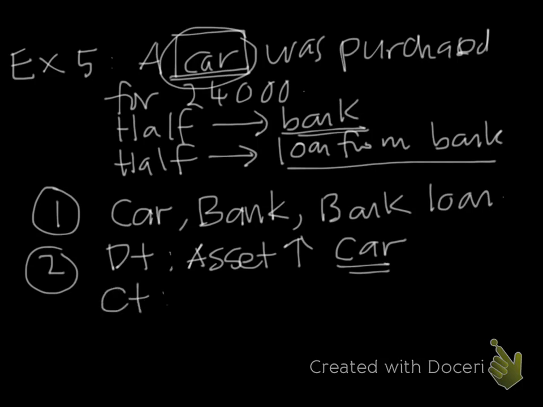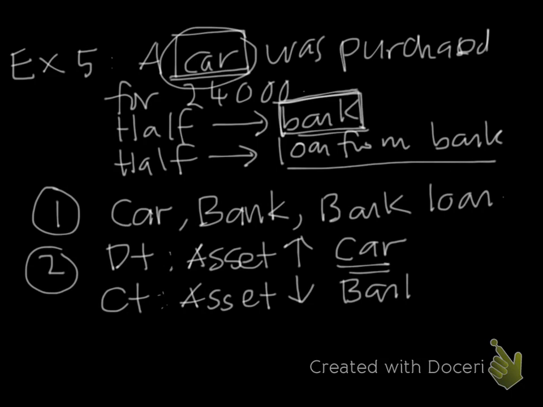The account that should be credited is the bank account. This is the business bank account. When we use the money from a bank account, so the asset decrease, which is the money in our business bank decrease. So the one account that should be credited is our business bank account.